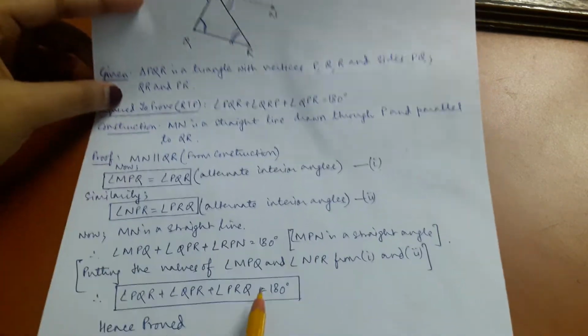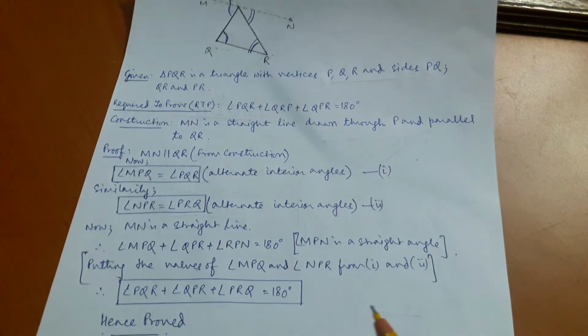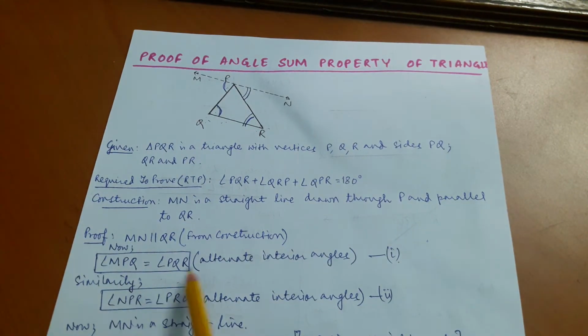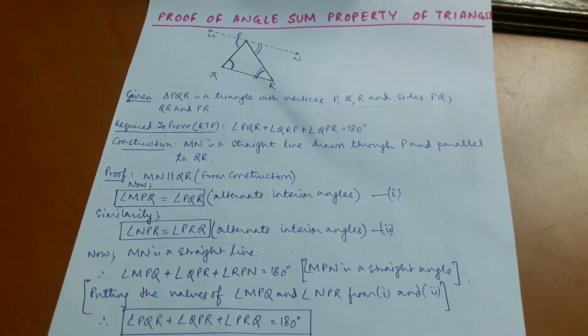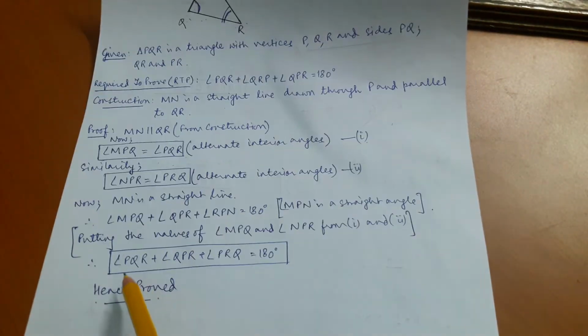Now putting the values of angle MPQ and angle NPR from equations 1 and 2, simply putting values. From equation 1 we get angle MPQ equals angle PQR, simply I've put the value. And from equation 2 we get angle NPR equals angle PRQ, simply we placed the value. And finally we get angle PQR plus angle QPR plus angle PRQ equals 180 degrees.